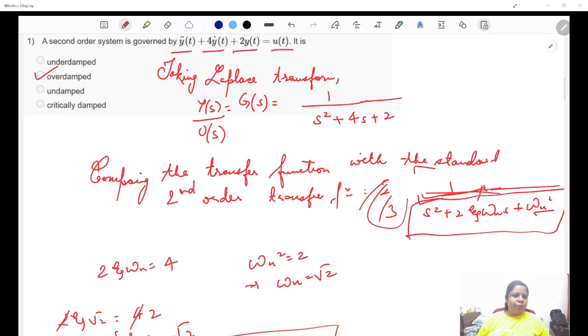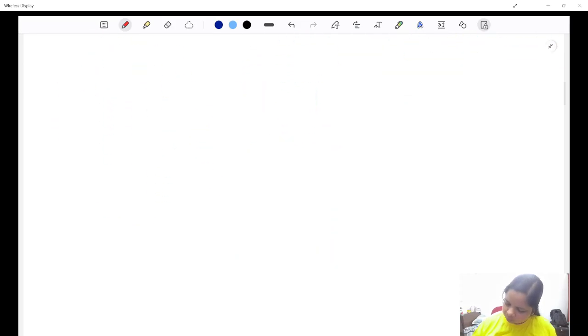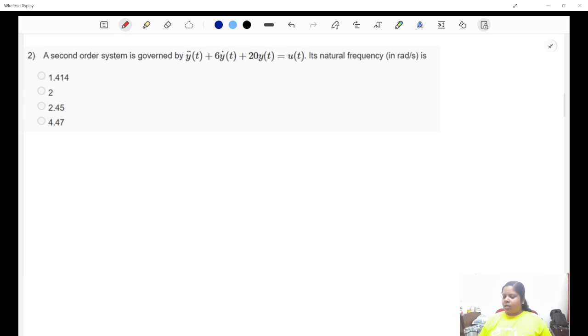I hope there is no confusion. We'll move to the second question. A second order system is governed by y double dot t plus 6y dot t plus 20y(t) is equal to u(t). Is it the same question? No, it's not the same question. What is the natural frequency?